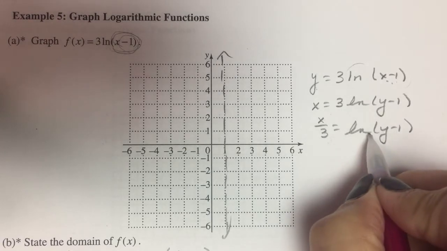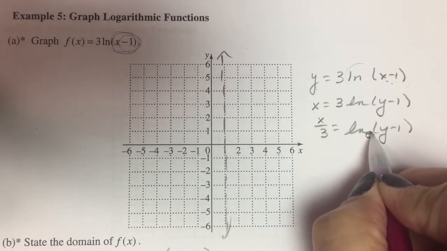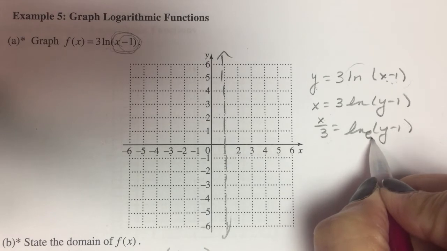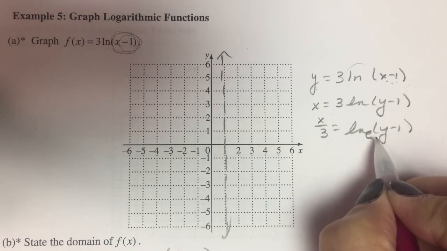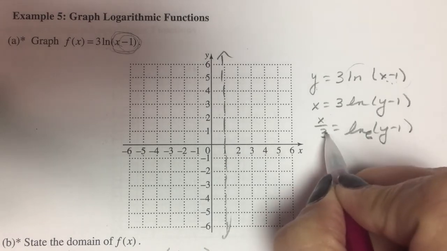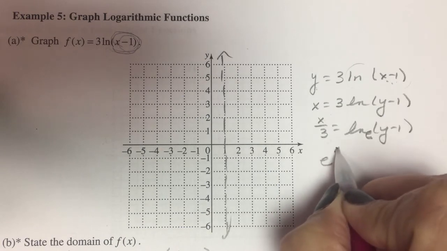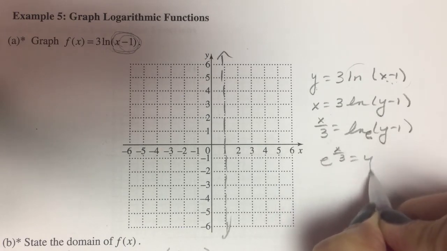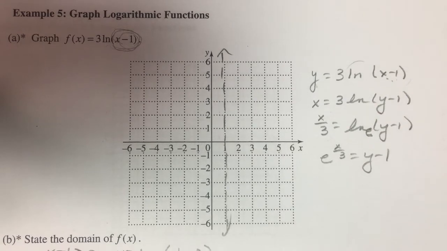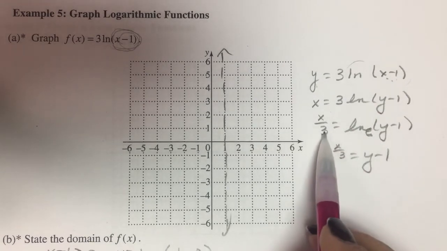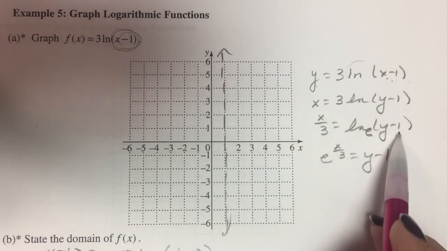Now remember, natural log really means log with a base of e. So now I'm going to use my definition, and I'm going to say e to the x over 3 power is equal to y minus 1.